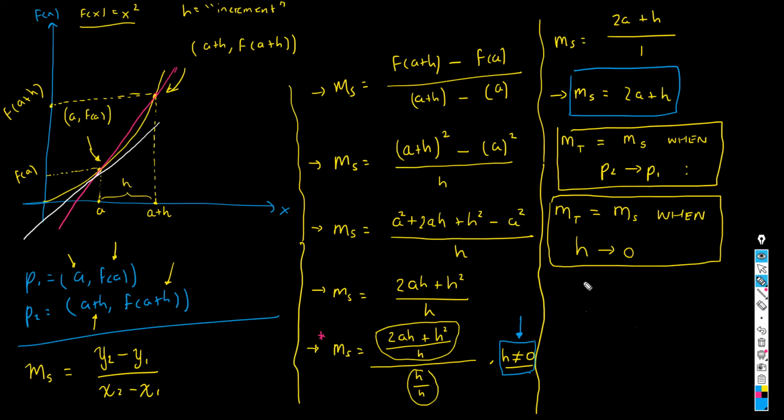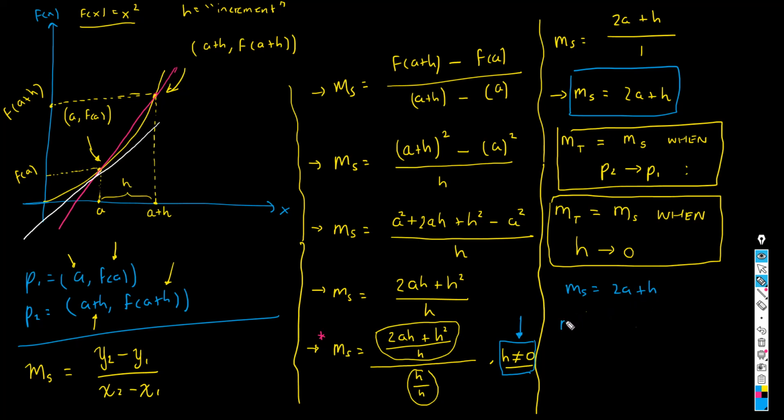I bring it over here, and I do the following. What's going to happen to this expression when h approaches 0? What's going to happen is that all of this expression will become 2a, because h will approach 0.